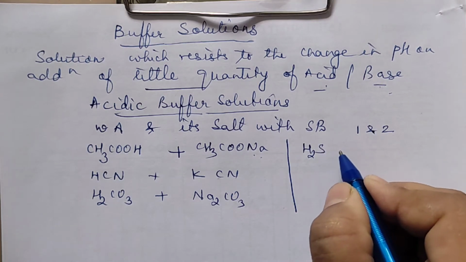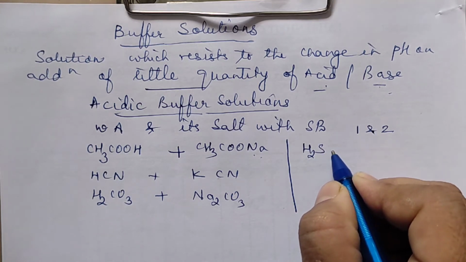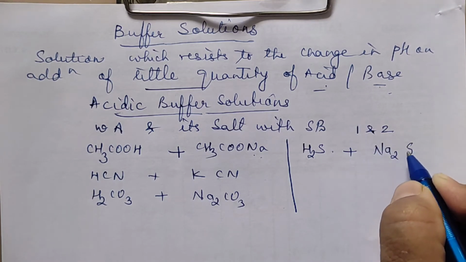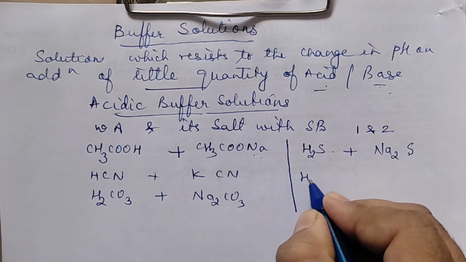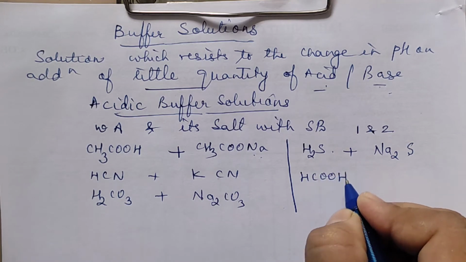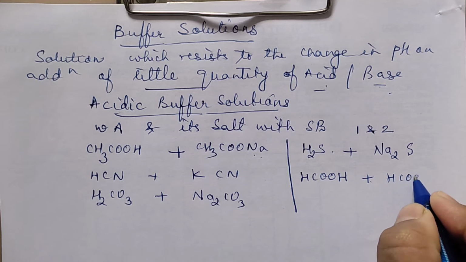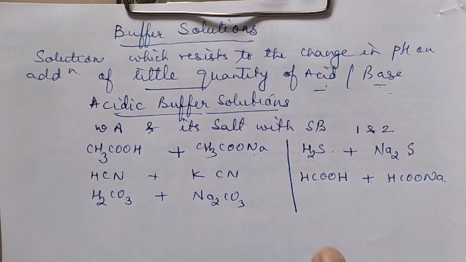Hydrogen sulfide is a weak acid, and its combination with a strong base we can write as Na2S. We can have formic acid, also a weak acid, and its combination with a strong base. Don't think only sodium; most of the time I have written sodium, but you can have any alkali or alkaline earth metal.